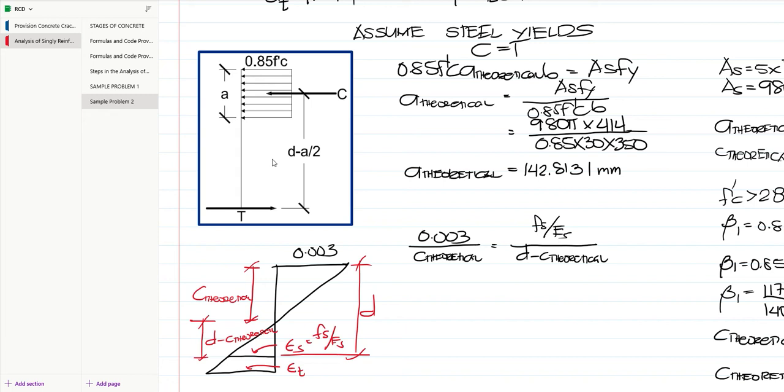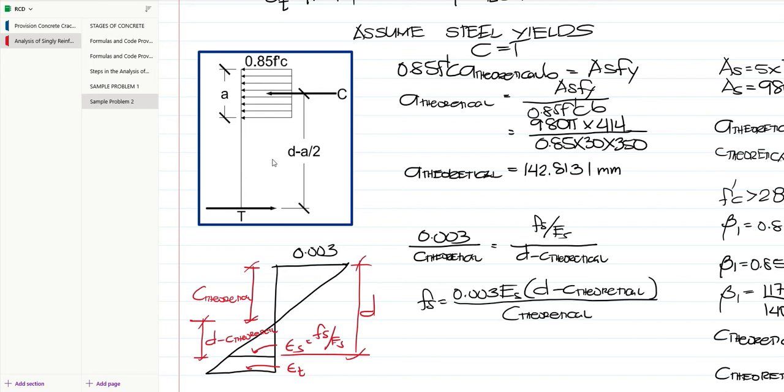So, yan ngayon yung equation natin. So, syempre, same pattern kagaya ng ginawa natin from our previous sample problem. So, magiging Fs lang to is equivalent to 0.003 Es times D minus C theoretical divided by the C theoretical.